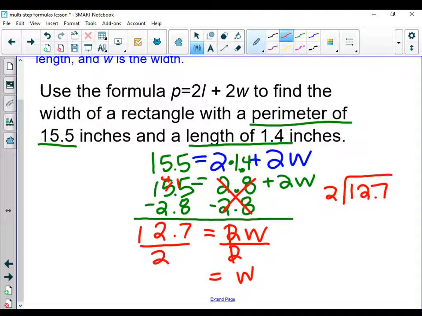I was just wondering. Wait, no, that'd be 12. 6.35. Question, Lee? You know the answer? Layton? I got 6.35. 6.35. Good one.